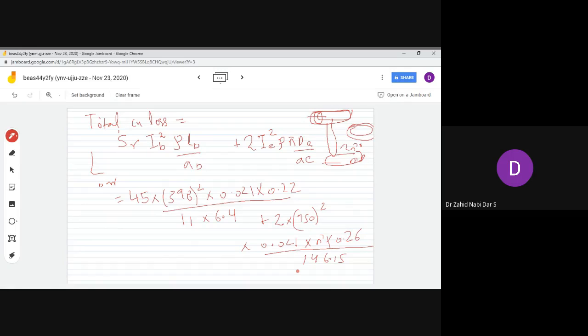If you simplify this expression, you will get around 679.6 watts. So this is 679.6 watts.